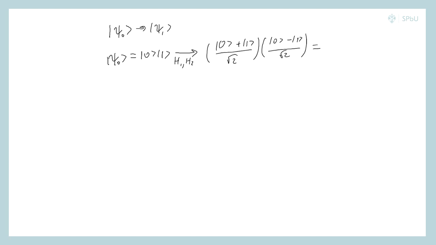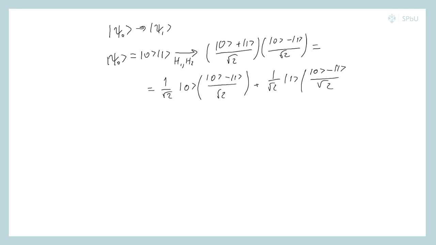And we could write down this expression as follows: 1 divided by square root of 2, the first qubit in state 0, times the second qubit in state 0 minus 1 divided by square root of 2, plus 1 divided by square root of 2, the first qubit in state 1, multiplied by the second qubit in state 0 minus 1 divided by square root of 2.